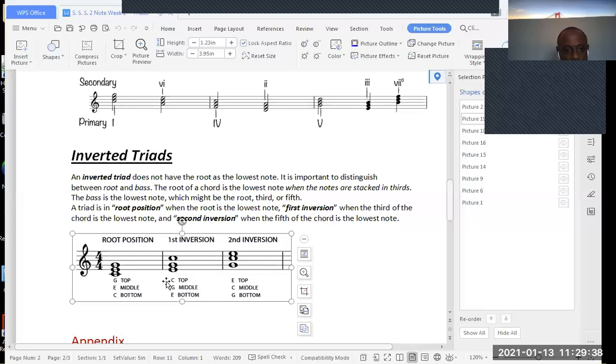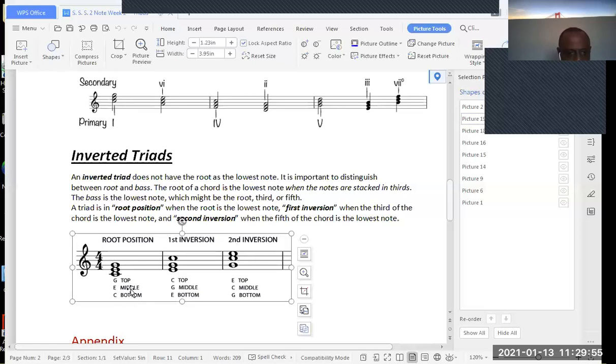That is why it is called second inversion: you shift the second note of the triad to the top.